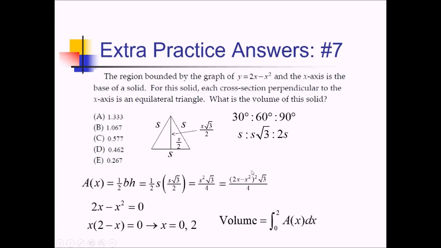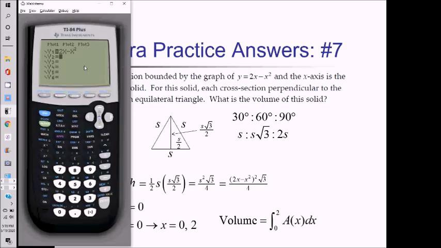And now I'm going to have to do all of this on the calculator. To try to make this a little bit cleaner, I'm going to put my whole A of x function here in y2, and then I can just integrate y2 from 0 to 2 in my integral. So for all of this, I'm going to need a fancy fraction here. So let me do alpha y equals, n over d mode. And in the numerator, I have this 2x minus x squared business being squared.